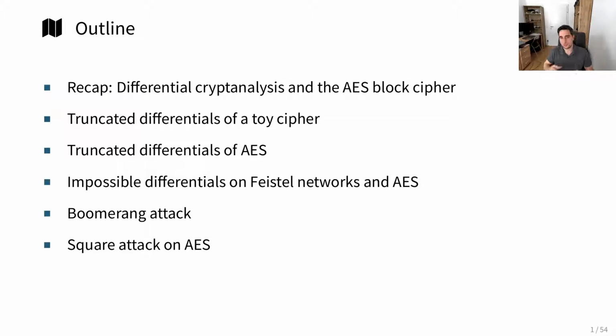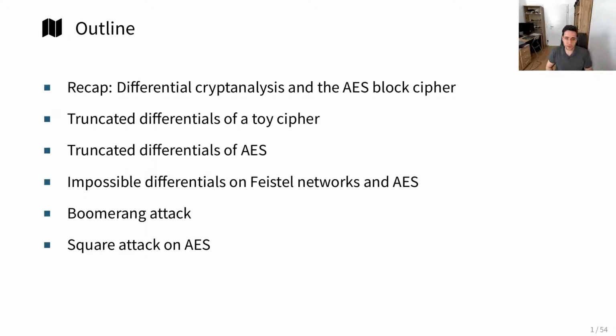First we will focus on a toy cipher, a very simple example, and then on the AES. Truncated differentials, or truncated characteristics, will play the largest role in today's lecture, and there we can immediately see how we can improve differential attacks by just applying an additional technique, or an additional twist, so to say.